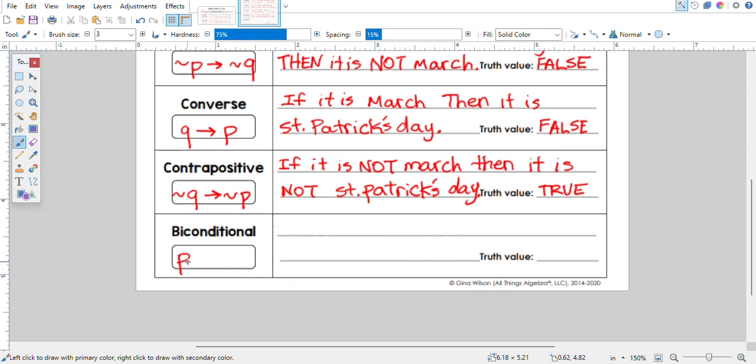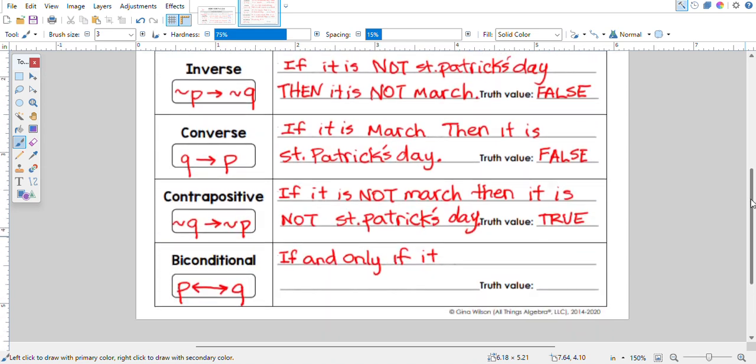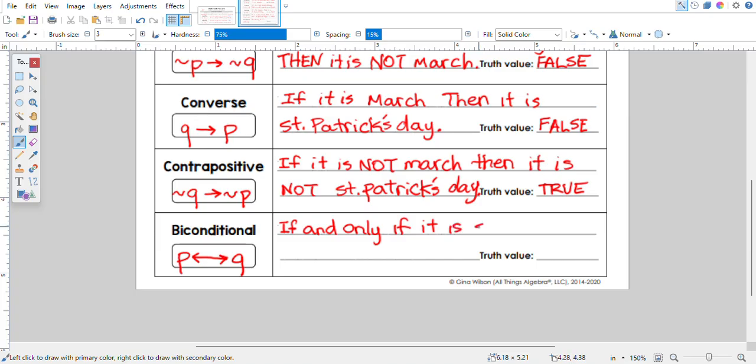The way we write that is P, and then an arrow that points both ways to Q. And how we write this is if and only if P then Q. If and only if it is St. Patrick's Day, then it is March.